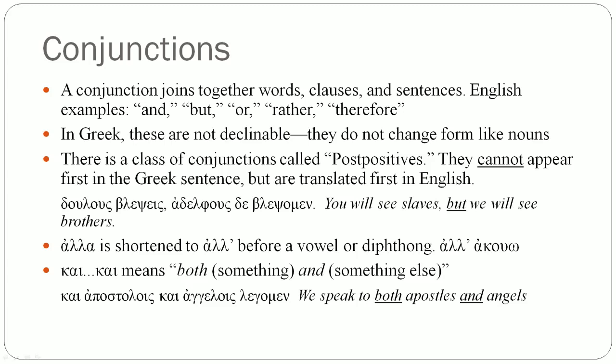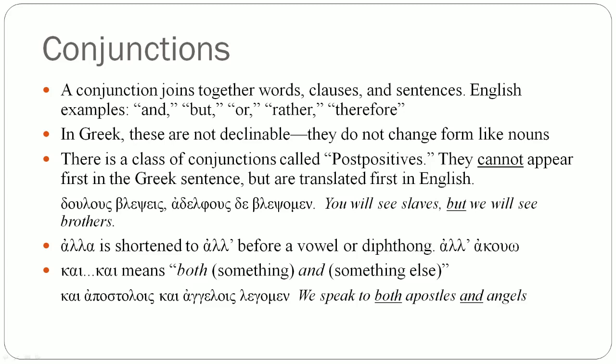and something else. Kai apostolois, kai angelois, kai apostolois, kai angelois legamen. Okay, we speak, legamen is first person plural, we speak. Then notice this is dative. Okay, both apostolois and angelois are dative. So we speak to, and then you have kai, right?